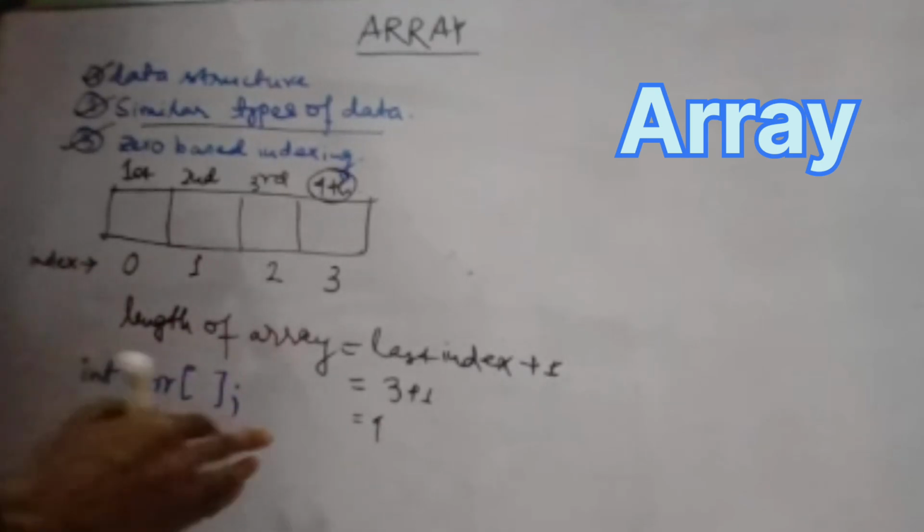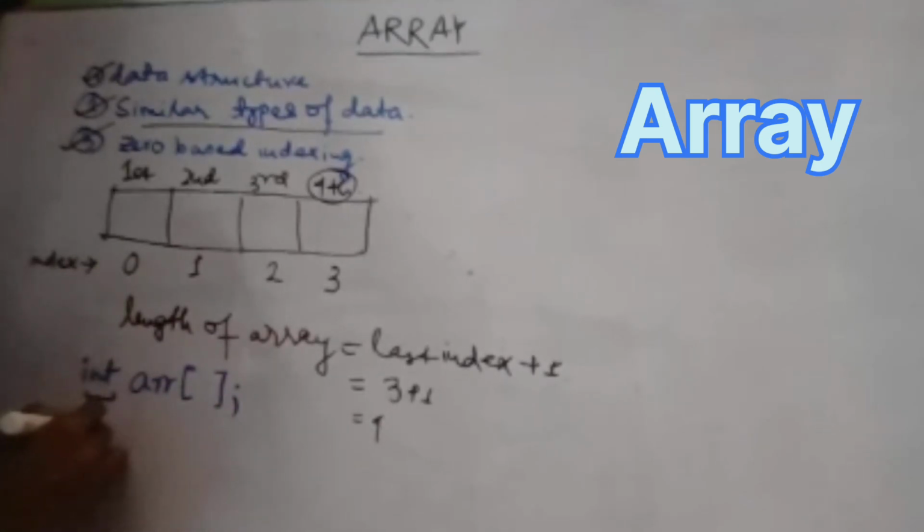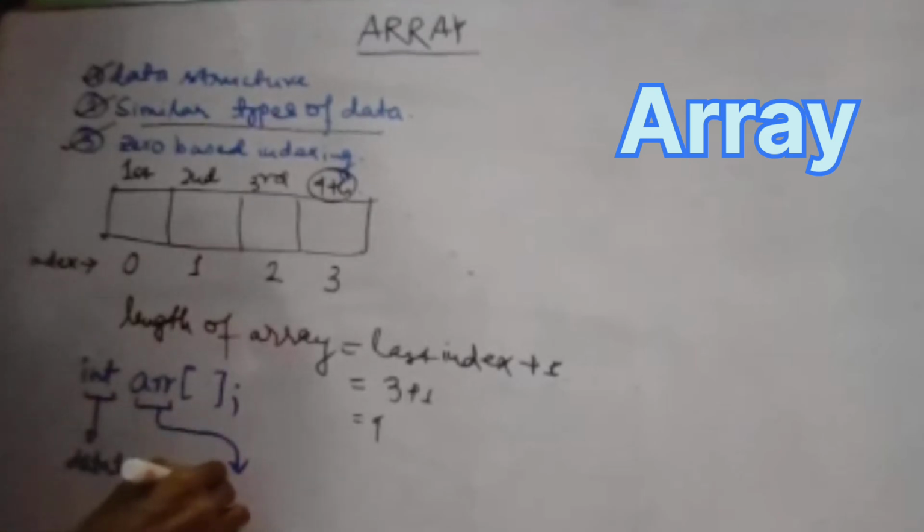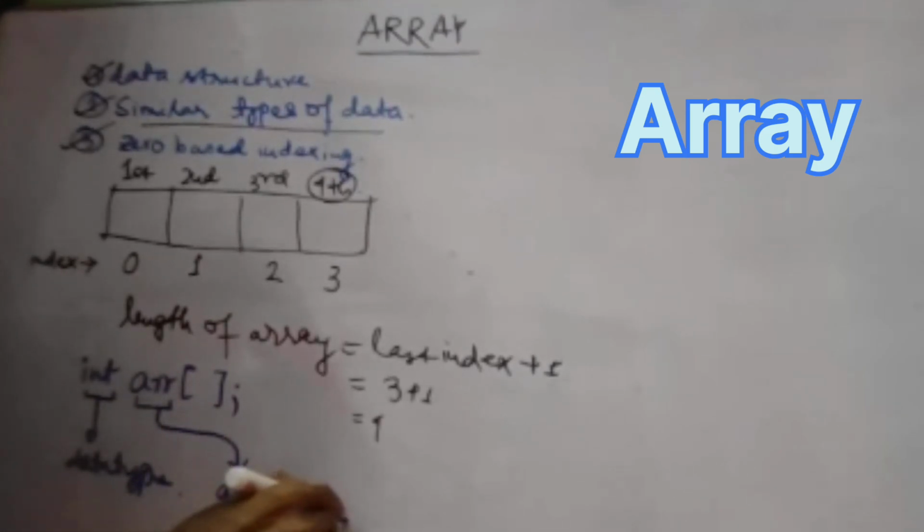For example, this int is the data type, we all know, and arr over here is the array name.